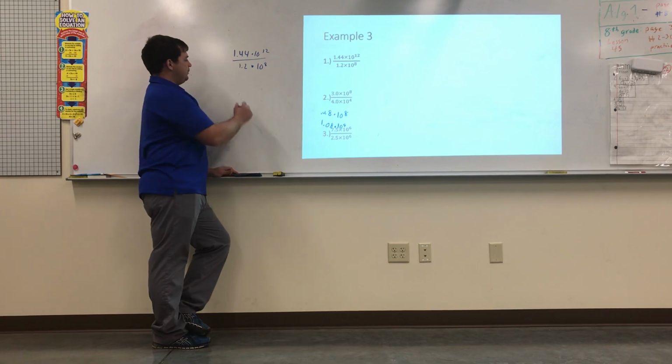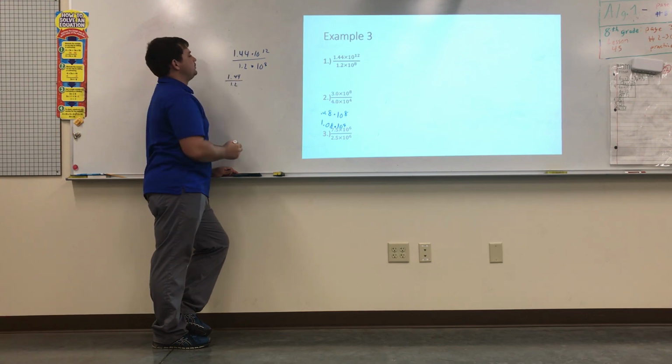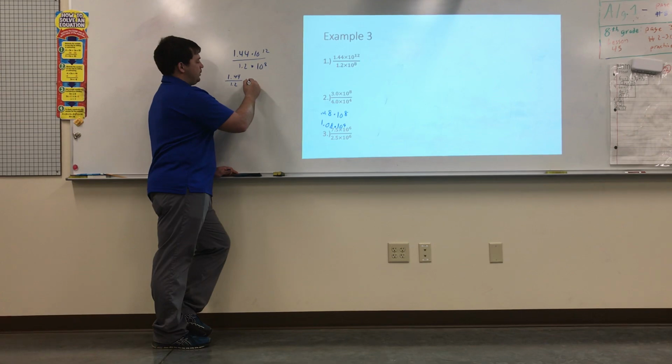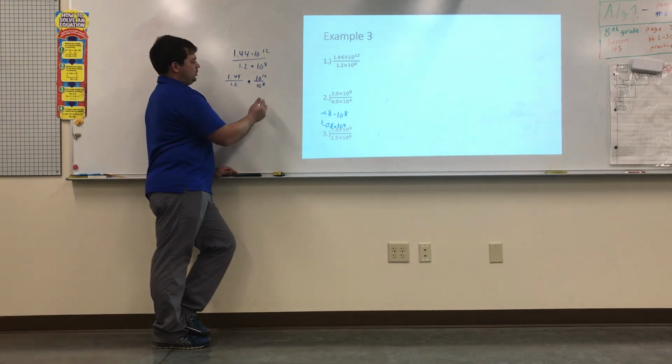So, we have to take 1.44 divided by 1.2, times 10 to the 12th over 10 to the 8th. If you remember, when you have like bases, you just subtract your exponents.